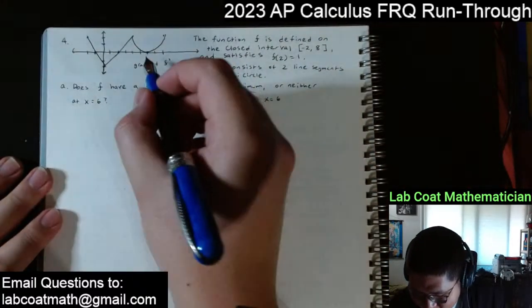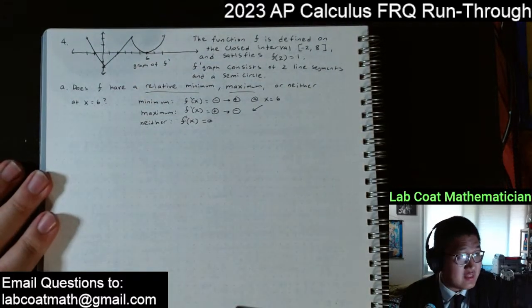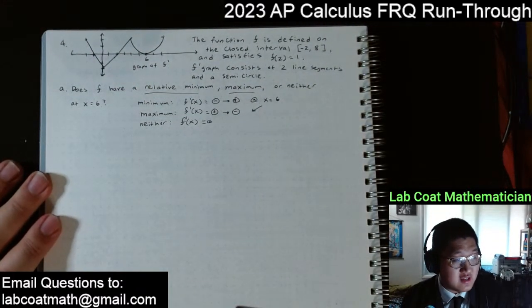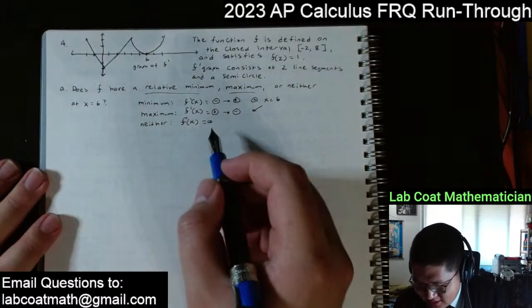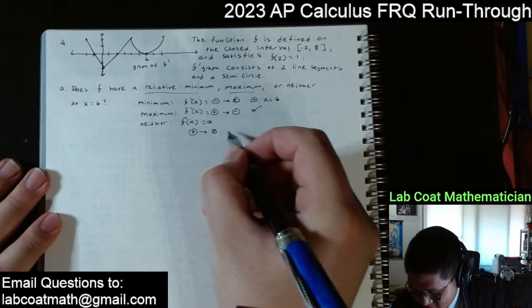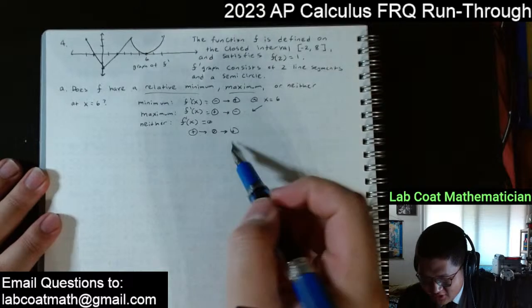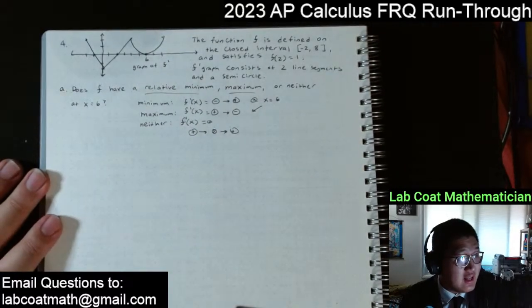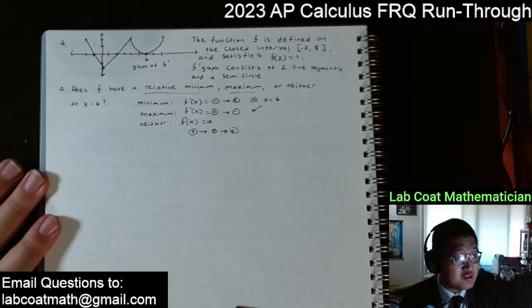Okay, so at that point of 6, which is that point right there on the semicircle that touches the x-axis, we can easily see that we end up at positive, hit 0, and then go back to being positive again. We are not changing the sign at all as we approach 6 on that first derivative graph.